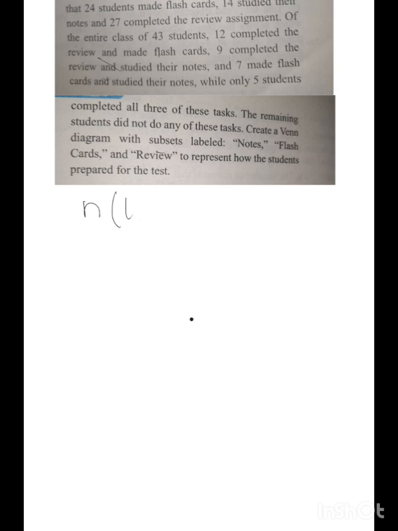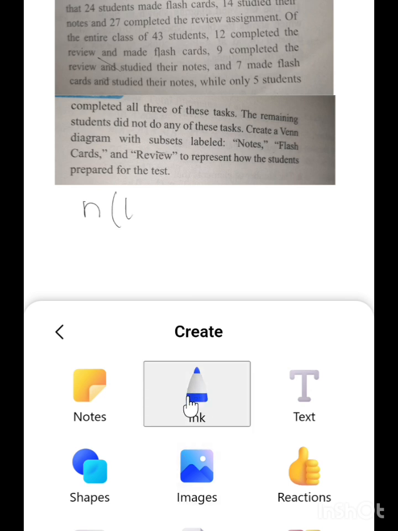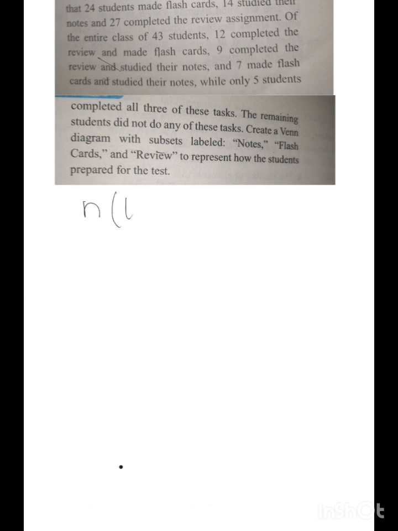Let's write down the data. N of total. Let me change the color. So the total number of students, NT, are 43.